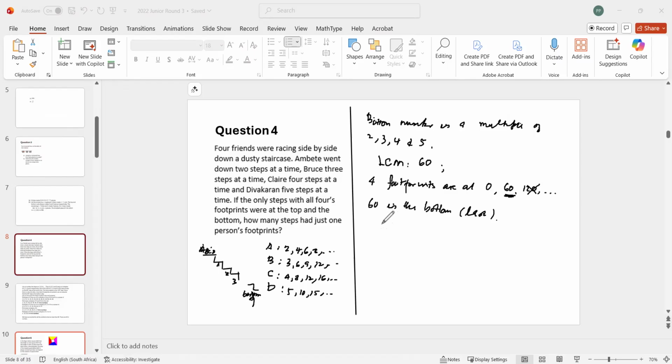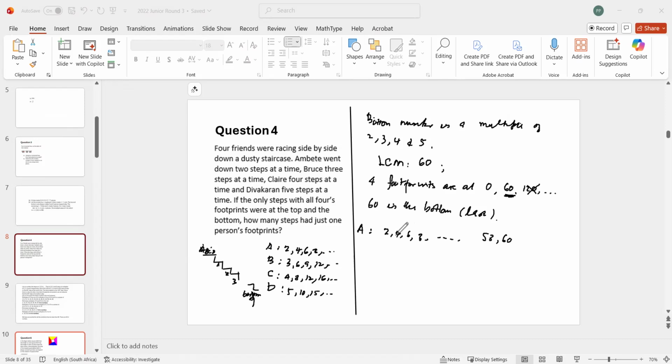Now, let's see, if you take A, he lands at the whole lot, 2, 4, 6, 8, goes all the way up to 58 and 60, right?